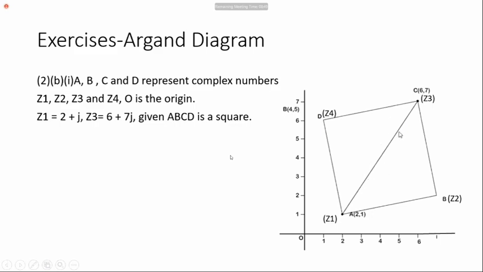This angle is 45 degrees, then using the formula you can calculate the gradient of this line. These two are perpendicular, so you know the gradient of that line. Then you can calculate the coordinates of this point, and from the coordinates, the complex number. That is a coordinate geometry question, but this is complex numbers.